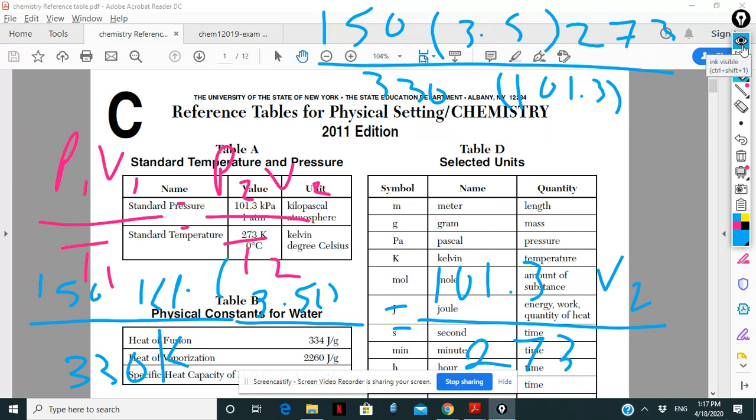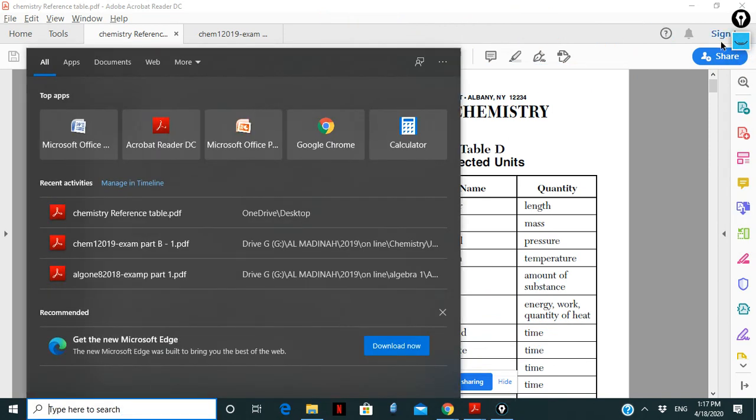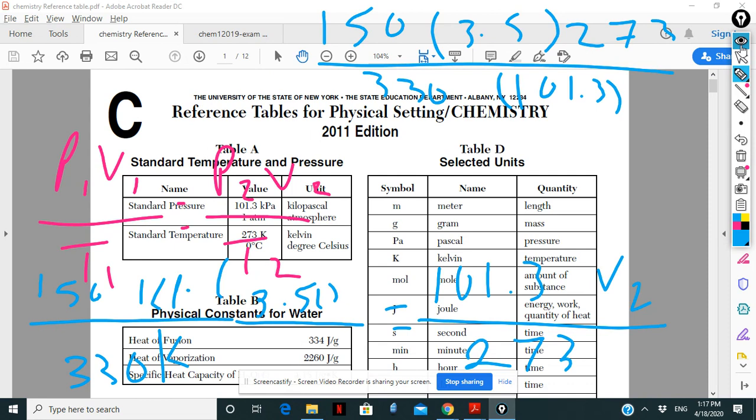Now let's use a calculator. I'm going to use my mobile calculator. It was 150 times 3.5 times 273 divided by 330, divided again by 101.3.